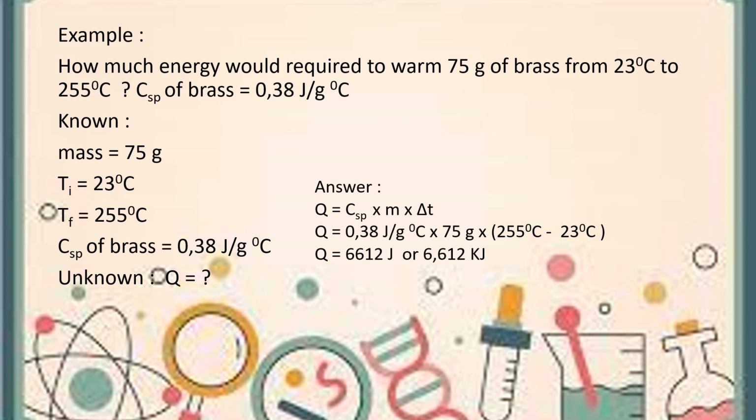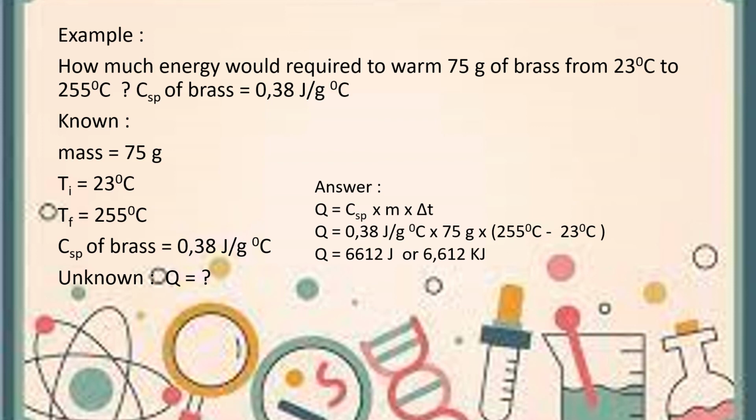So to write down the answer, first write down the formula, which is Q equals specific heat times mass times delta T, and substitute the value of each. The specific heat is 0.38 joule per gram degree Celsius, and the mass is 75.